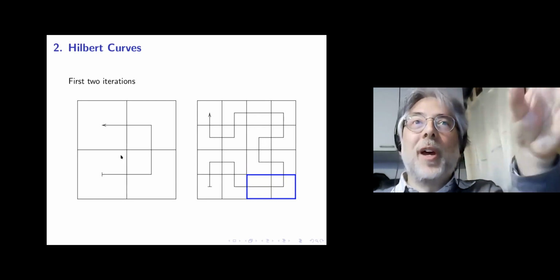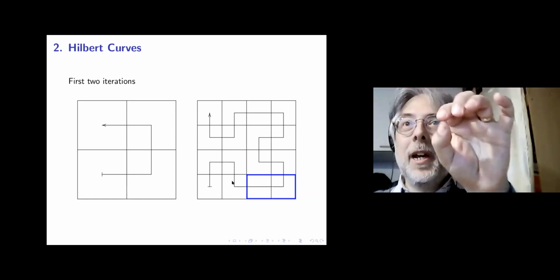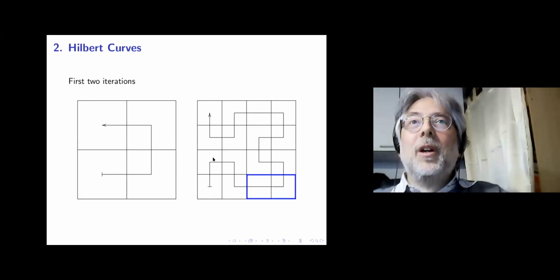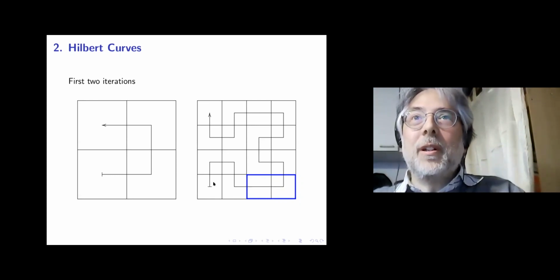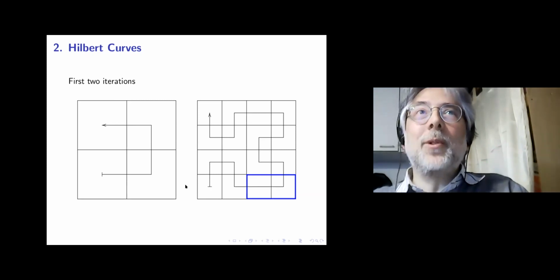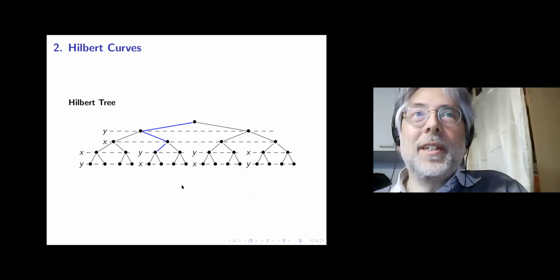And you can do this. You can find reflections and rotations of copies of these things in order to make them in a smaller scale and connect them to a bigger next iteration space filling curve, and so on. You need to take the limit of this process, that is your Hilbert curve. What you can do is you can organize this in a tree.